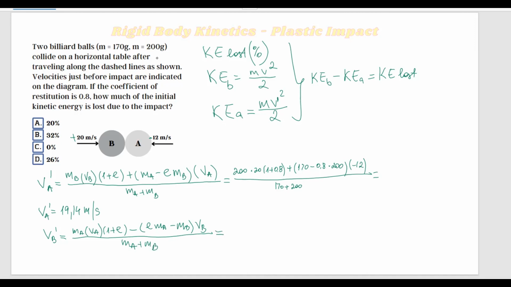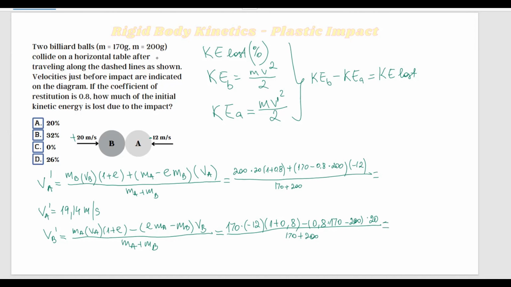Now let's substitute, and we're going to have MA as 170 multiplied by VA minus 12. Don't forget the minus sign. 1 plus 0.8 minus 0.8 multiplied by MA, which is 170, minus MB, which is 200, multiplied by 20, which is VB, everything divided by 170 plus 200.